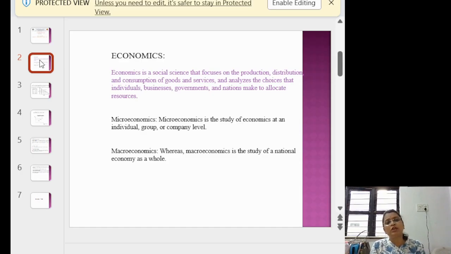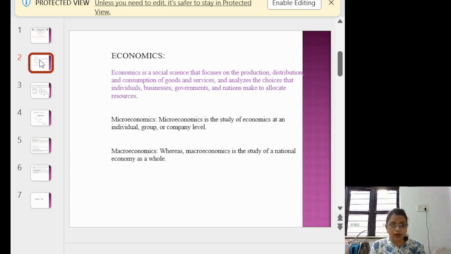And for the production of these goods and services, we require resources, and these resources are limited. That's why the sentence says it analyzes the choices that individual, business, government, and nation make to allocate the resources.